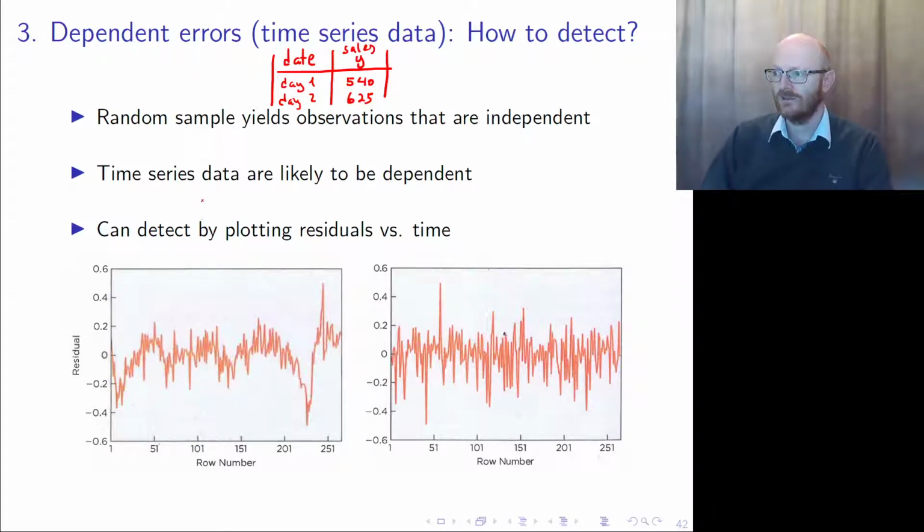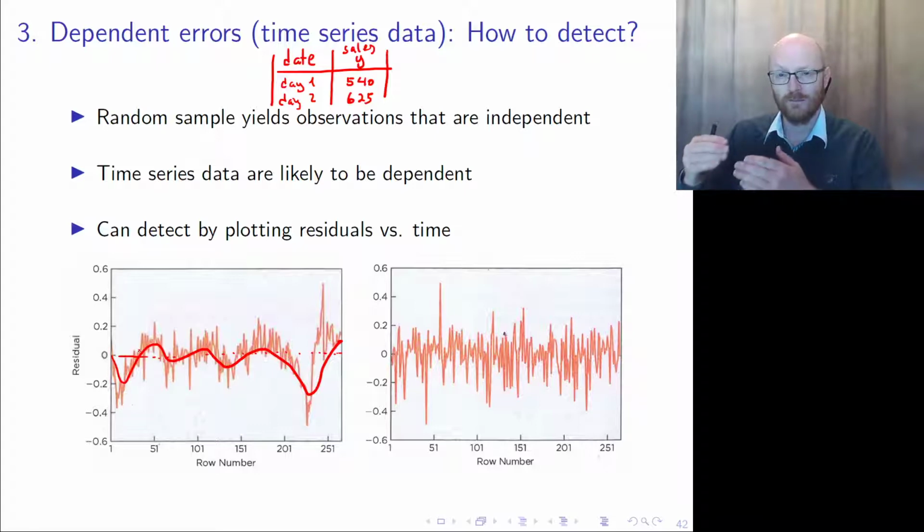You can detect this seasonality by plotting residuals versus time. And here you see there's definitely persistence of these residuals to be either above 0 or below 0, which means that negative residuals are often followed by negative residuals, and positive residuals are often followed by a positive residual.